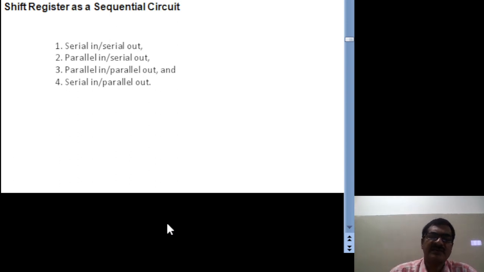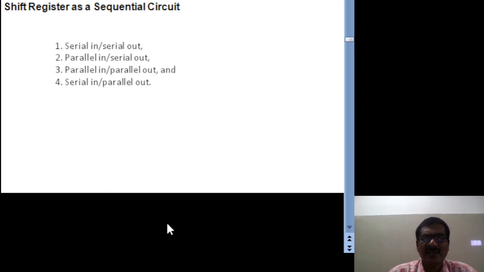Whatever the shift operation, those operations can be done on registers, hence the name shift registers.